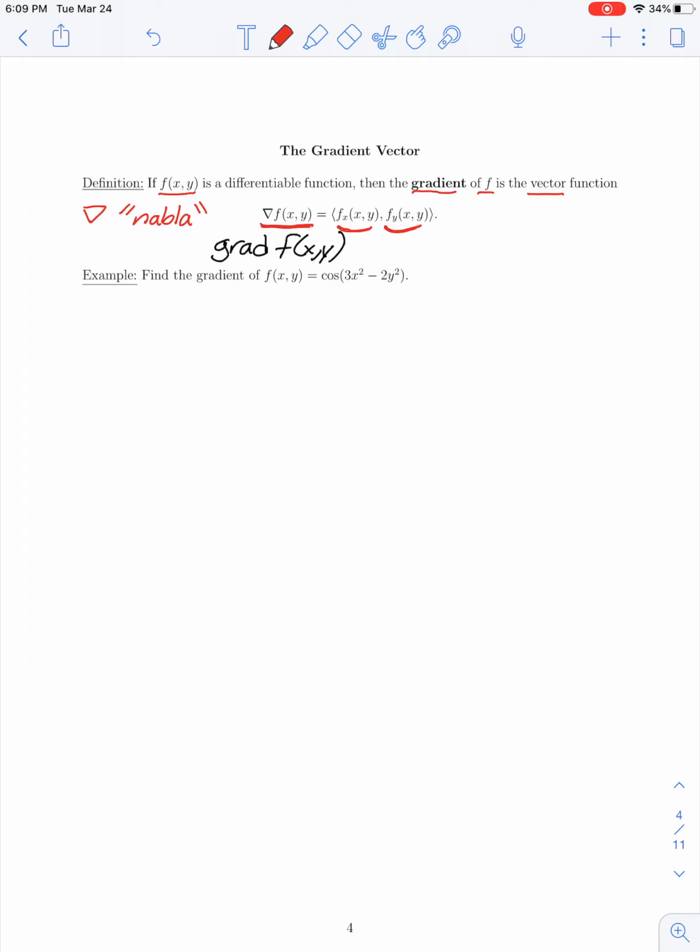In this first example, we're asked to find the gradient of cosine of 3x squared minus 2y squared. So to find our gradient, grad f or nabla f of x, y, we would be looking at the vector function whose first component is the partial derivative with respect to x. So using the chain rule, here our partial derivative with respect to x is 6x times negative sine of 3x squared minus 2y squared.